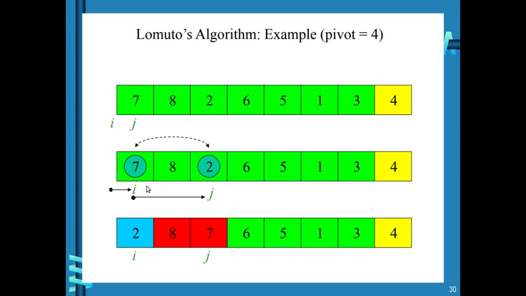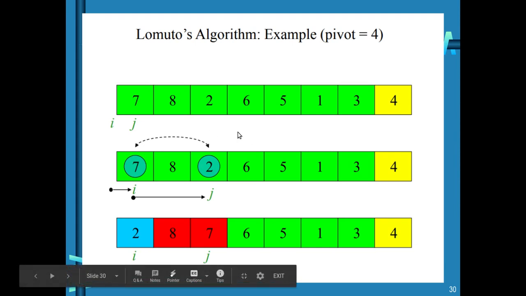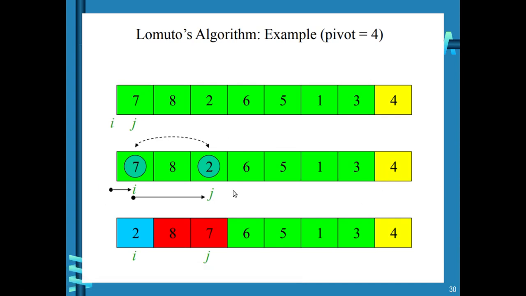But then J moves on and we compare it to 2, and we find 2 is less than 4, so those need to be swapped, right? We're trying to get this structure such that some n number here will be less than 4 and some n number here will be greater than 4, right?